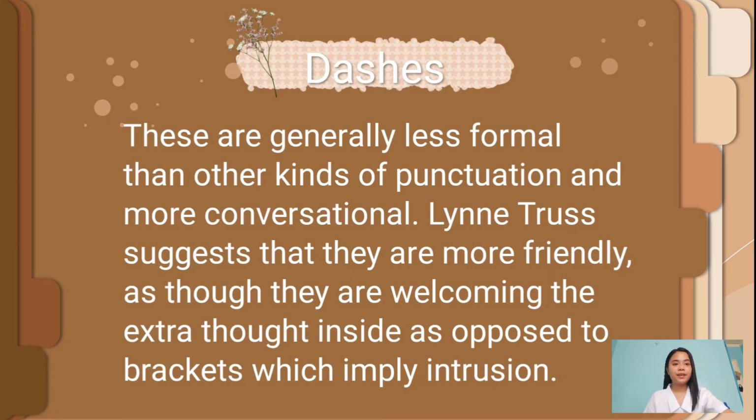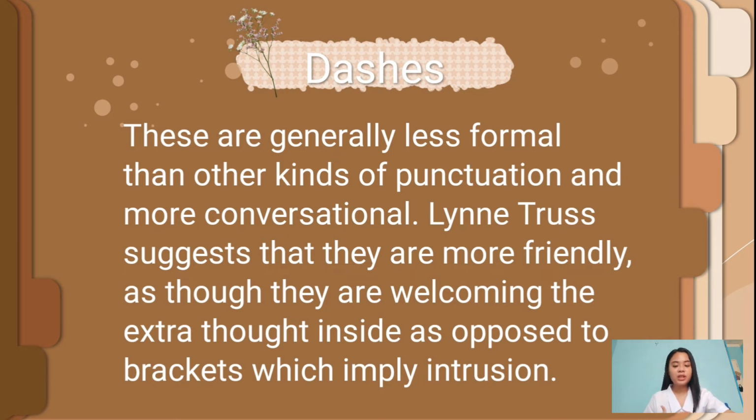Next, we have here dashes. These are generally less formal than other kinds of punctuation and more conversational. Lynne Truss suggests that they are more friendly, as though they are welcoming the extra thought inside, as opposed to brackets, which imply instructions.